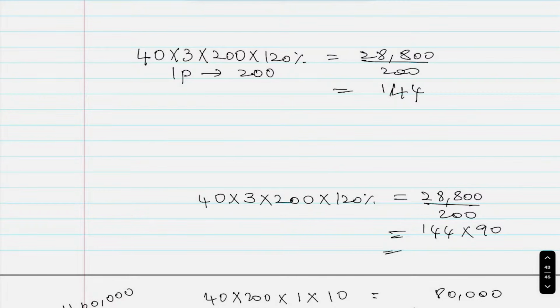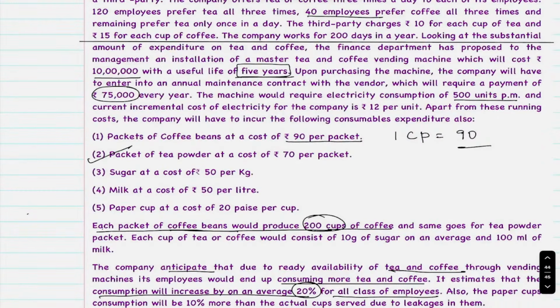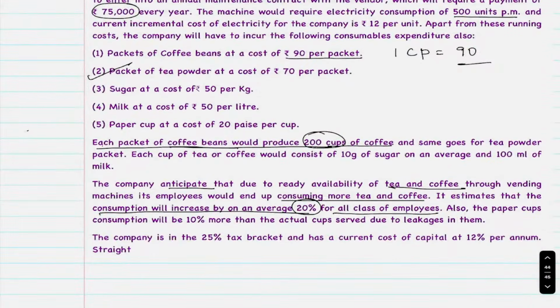Up to here, everyone understood? Like that, use your basic mathematical skill and tell me the cost of tea. Waste if you could not tell this. Mark my words. Remember properly. 120 persons will consume 3 times. Increase it by 120%.